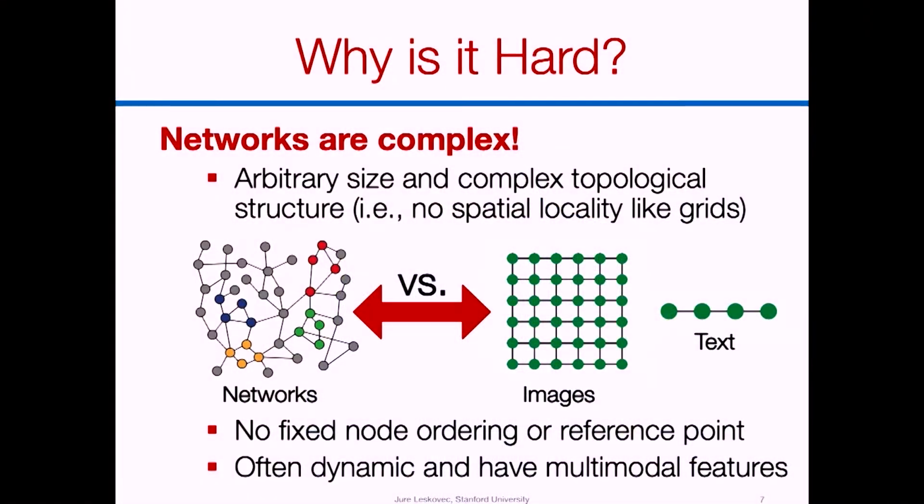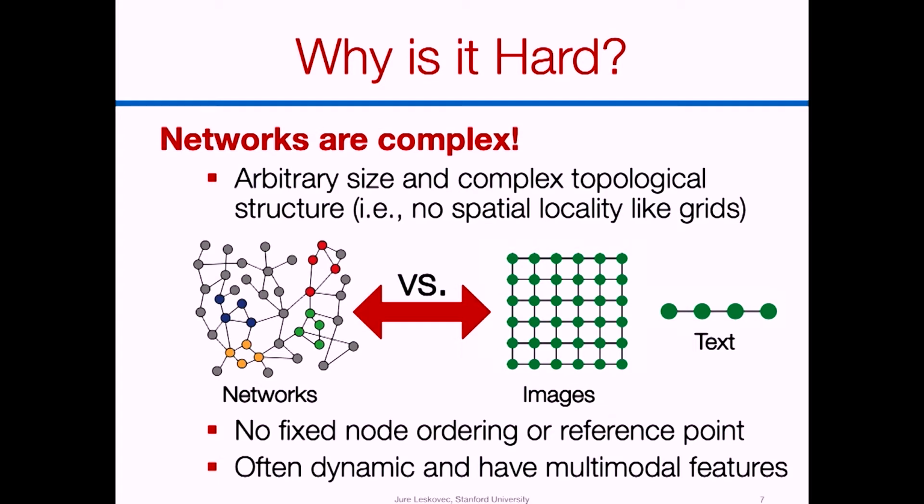So why is this hard? Why wouldn't this conceptual picture that I showed you work? The reason is that networks are complex and they are of arbitrary size. As we know how to resize an image, it's impossible to resize a network. Images and text have nice linear structure.